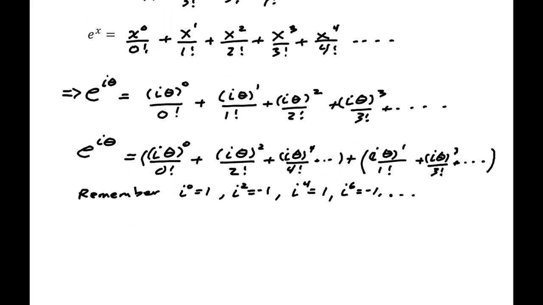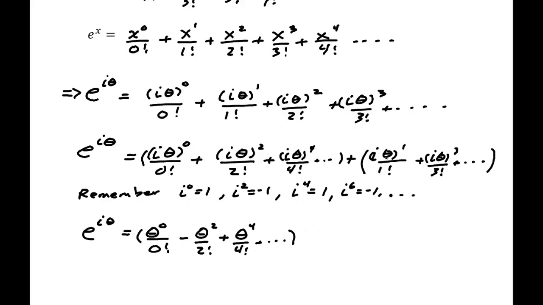For this one, i to the 0 is simply 1, and I get theta to the 0 over 0 factorial. i squared is minus 1, so I get minus theta squared over 2 factorial. i to the 4th is minus 1 times minus 1, which is 1, so I get plus theta to the 4 over 4 factorial, and so on and so forth.